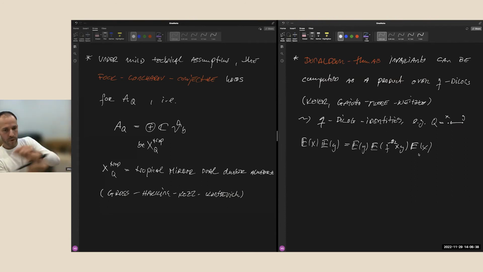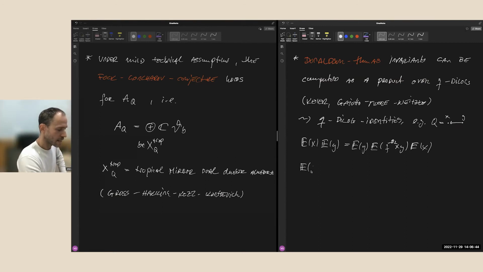So if you want to swap x with y, we get this additional factor, and E_x here is given by 1 plus q squared q over 1 minus q, and so on.